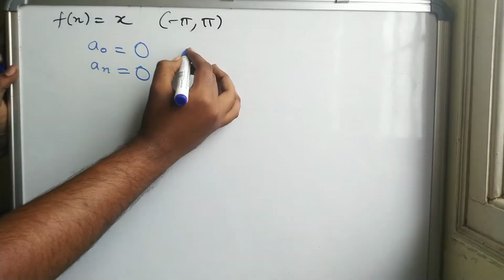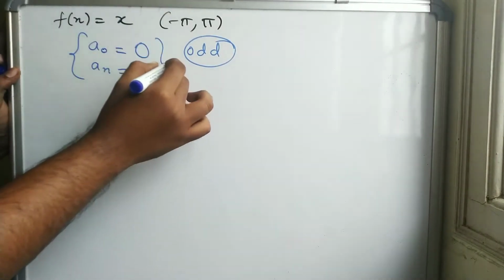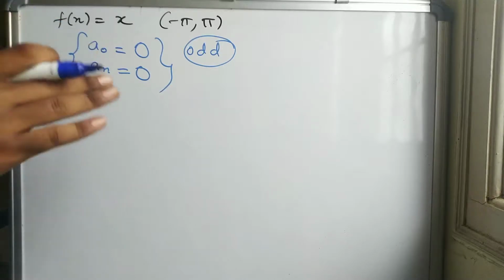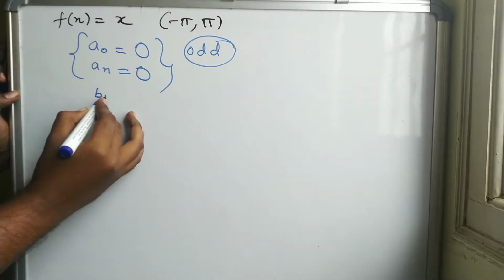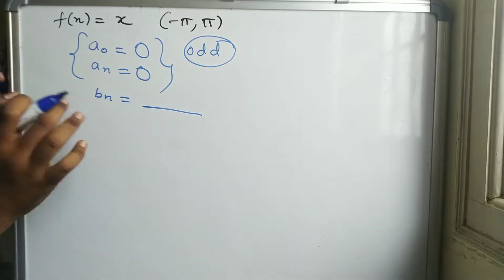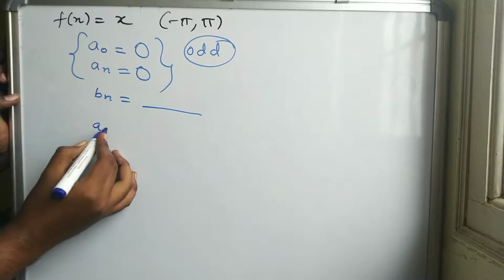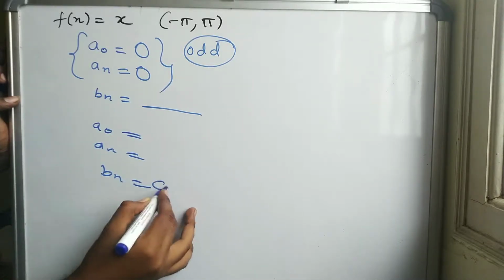You need to remember this thing. When the given function is odd, the expansion left is bn, so you need to calculate just bn. When the function is even, you need to calculate a naught and an, and no need to calculate bn since it is 0.